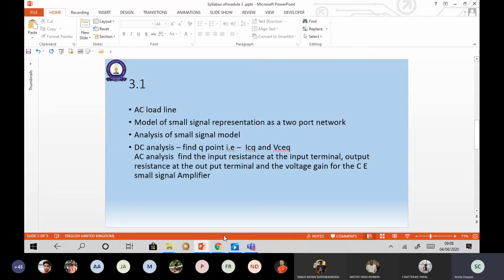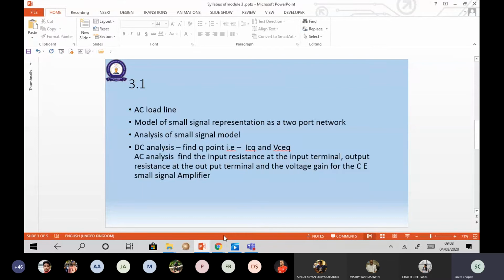As I have often been referring, we'll be using only common emitter configurations, since your syllabus is mostly focused on the common emitter amplifier, and you have largely seen what the advantages of the various configurations are. I hope you recollect from the guest lecture. Various stages and configurations were described, and what the advantages of the various configurations are regarding BJT, FET and E-MOSFET. I will also discuss it, don't worry about it.